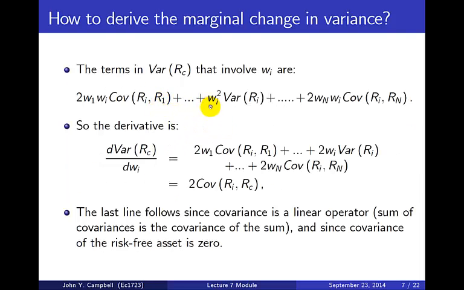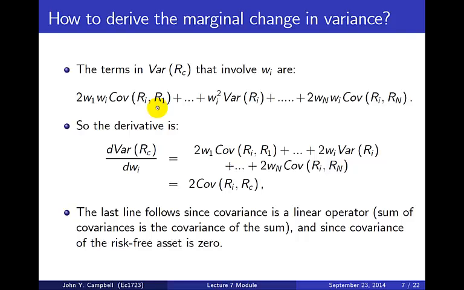All right, and then we have a Wi squared times the variance of Ri. And we keep going, we end up with 2 times Wn times Wi times the covariance of Ri and Rn. So in other words, we get a Wi squared times the own variance, and then for all the other asset returns, we get 2 times W1 or whatever it is times Wi times this covariance.